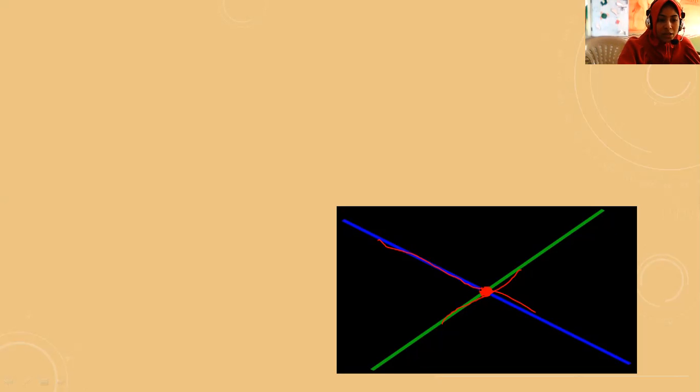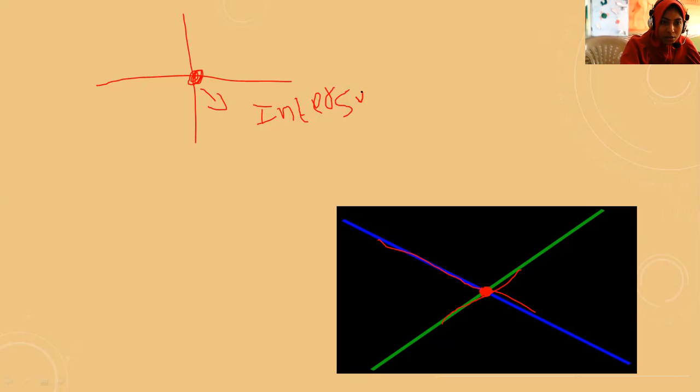You can say that these are intersecting at this point. So you can denote them as intersecting lines. These are intersecting lines.